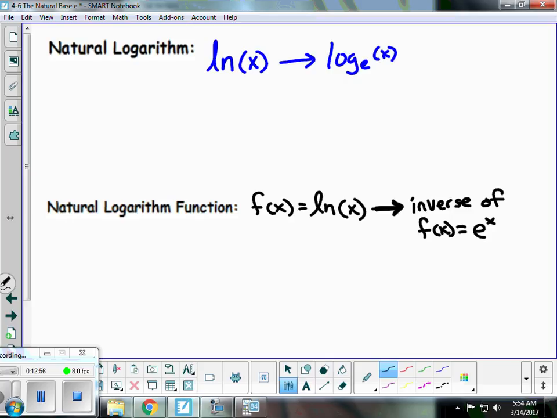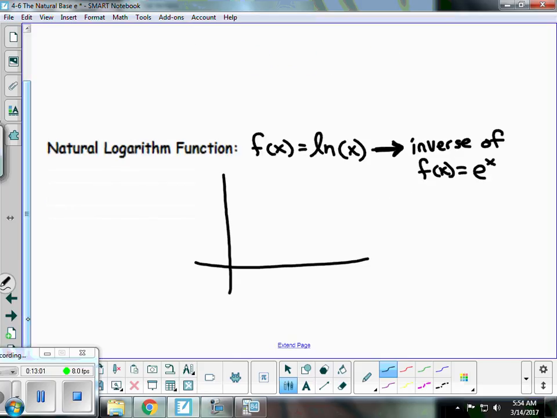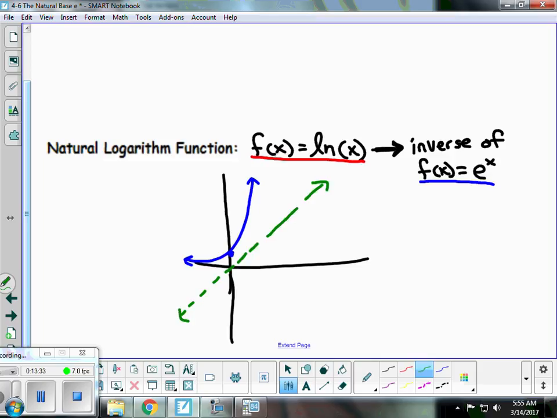Okay. Now, what would that look like if you were to sketch a graph? I'll graph the natural logarithm in red, and the exponential function in blue. We already graphed the exponential function. It goes through 0, 1, and it's got growth like so. And remember how it gets reflected about that diagonal line when you're talking about inverse functions.